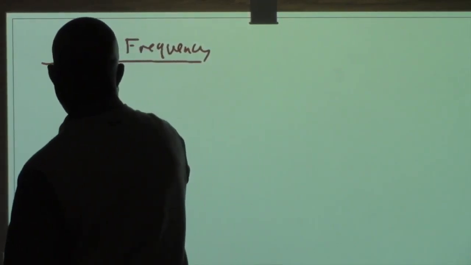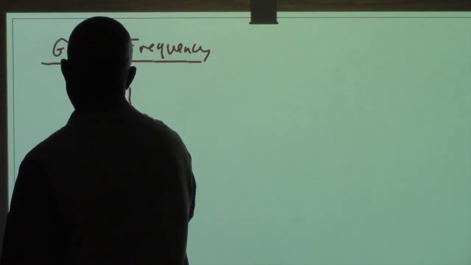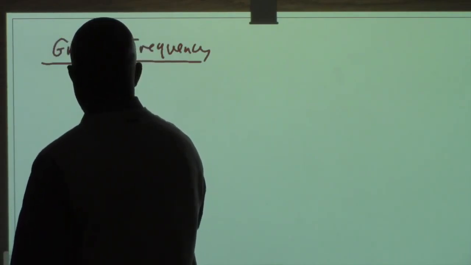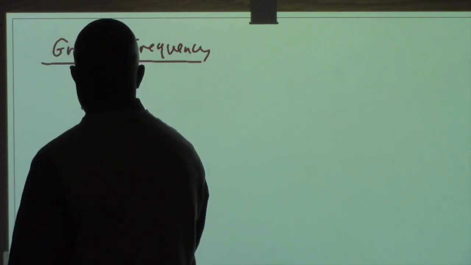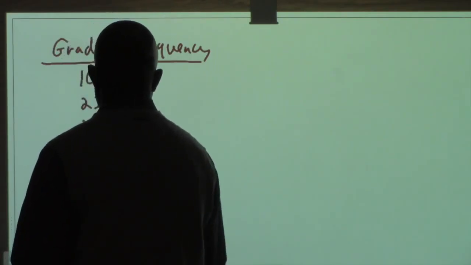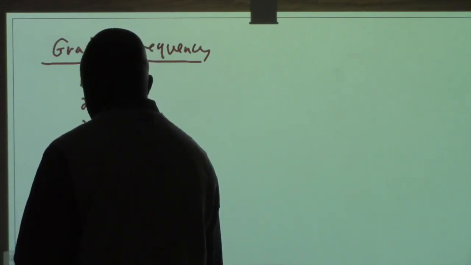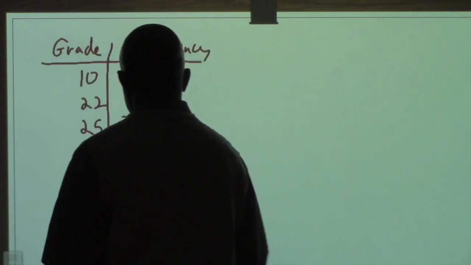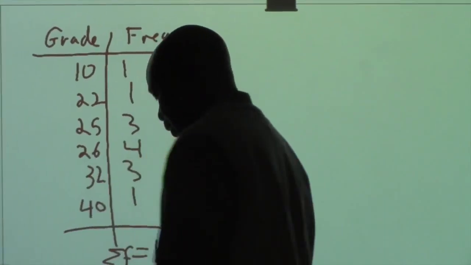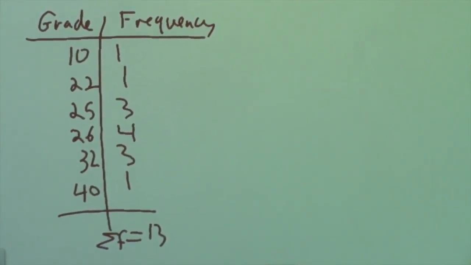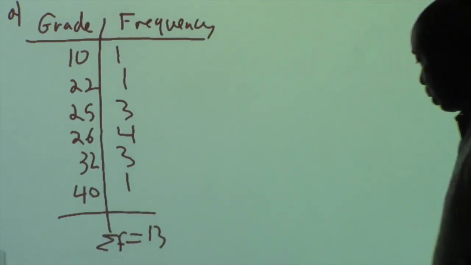So 10, we have 1, 22, we have 1, 25, we have 3, 26, we have 4, 32, we have 3, and 40, we had 1. If we sum up this frequency, we're going to have 13. So we have 13 elements here. That's the frequency distribution table that they wanted us to do.